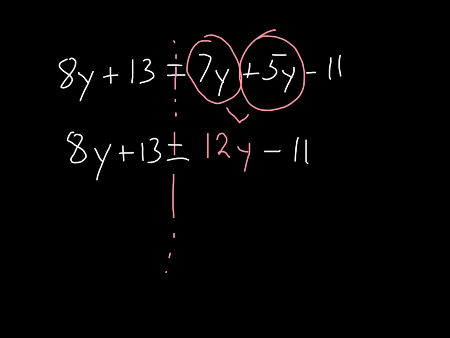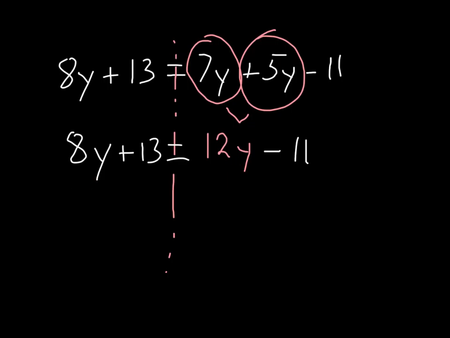Okay. So now both sides are as simplified as possible, meaning there's nothing else I can combine on each side to each other. But there are terms I can combine on opposite sides. Like I was saying earlier, I have an 8y term on the left and I have a 12y term on the right.